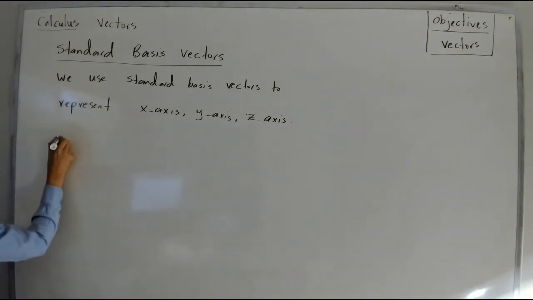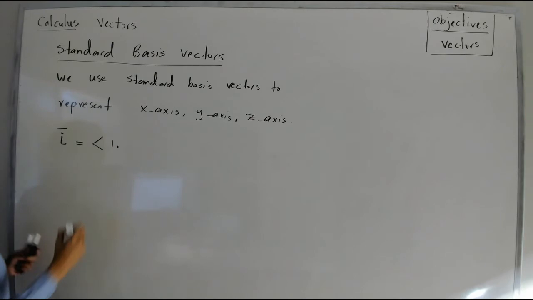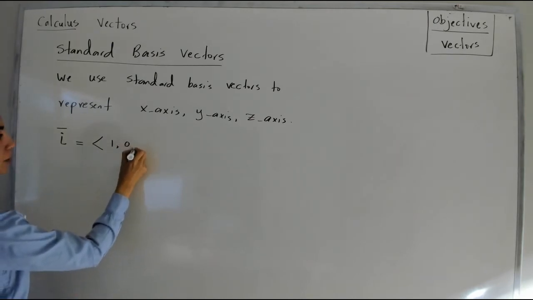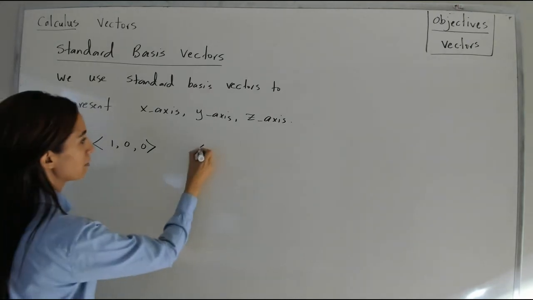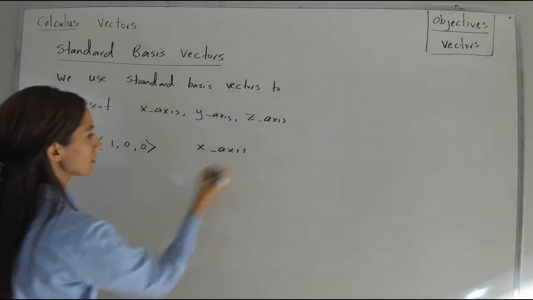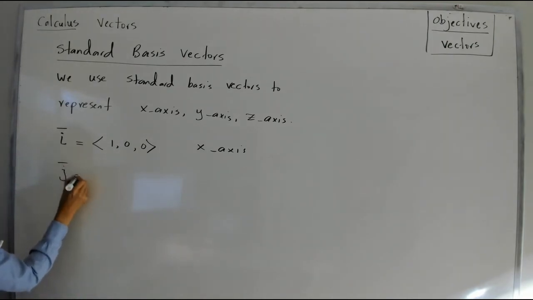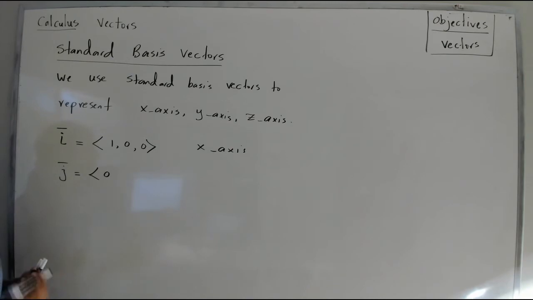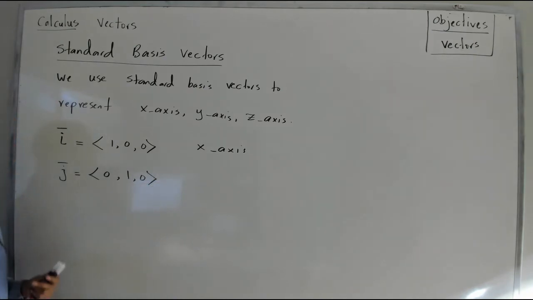Well, for the x-axis, we're going to use vector i, which is defined as the first component is 1, and the second and third components are both 0, representing the x-axis. For the y-axis, we're going to use j, where the first component is 0, the second component is 1, and the last component is 0.